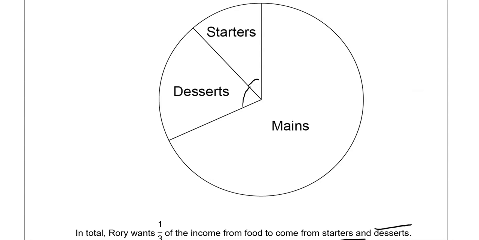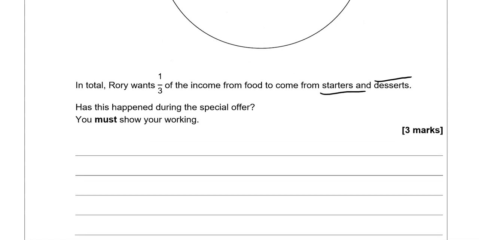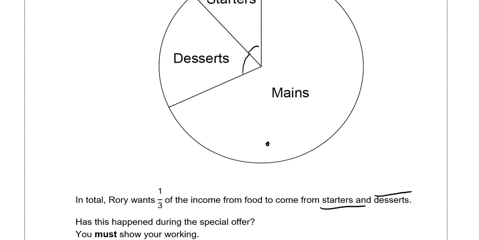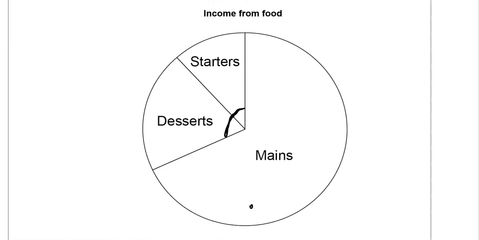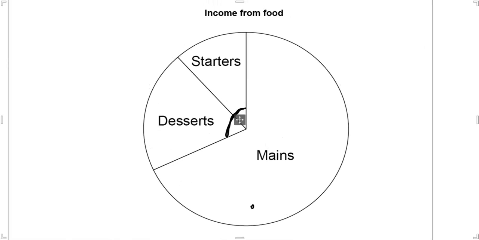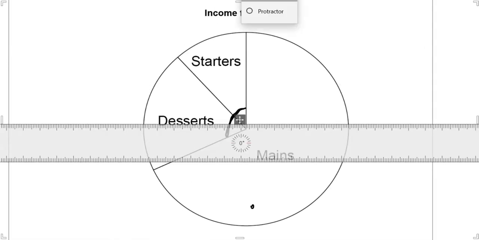So we know that there are 360 degrees in a full circle, and if we divide that by 3, it's going to give us 120 degrees. So are these two combined 120 degrees? We've got to measure them. You've got to use your protractor. I'm going to use the online protractor here.